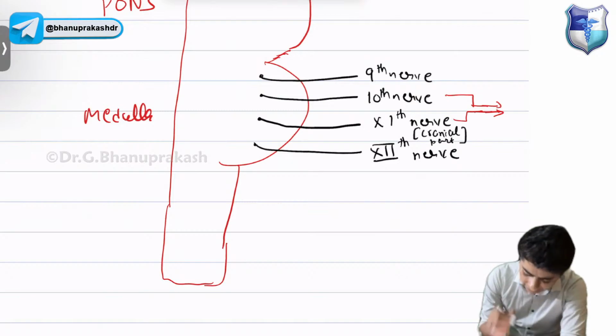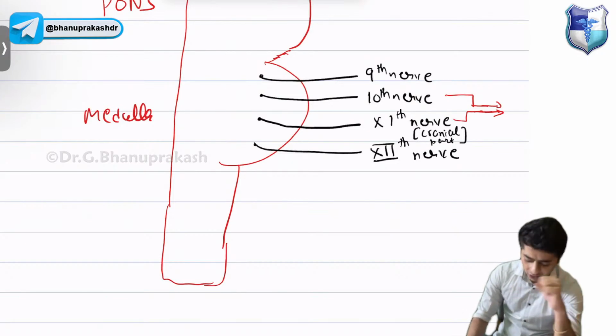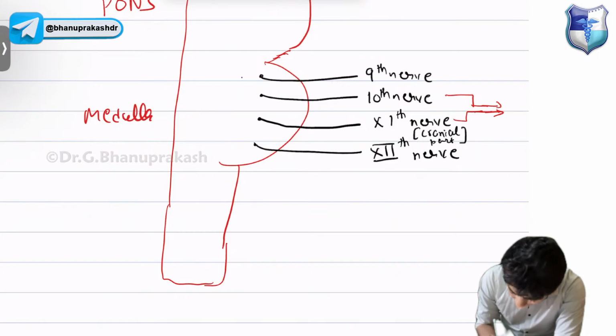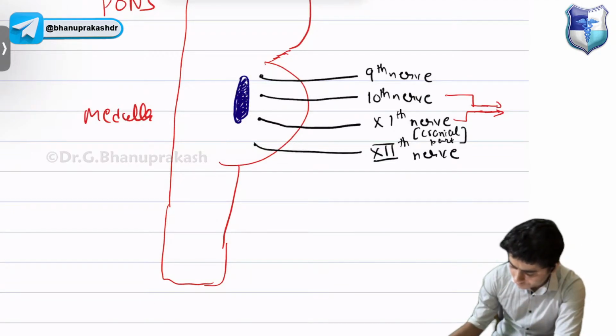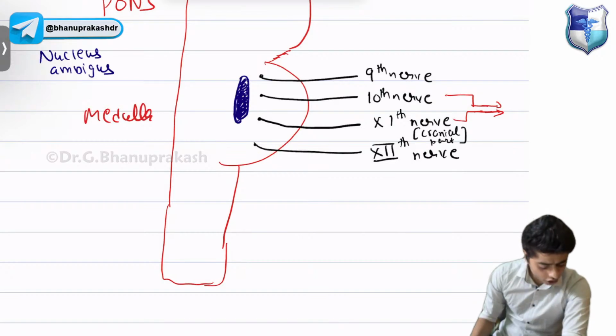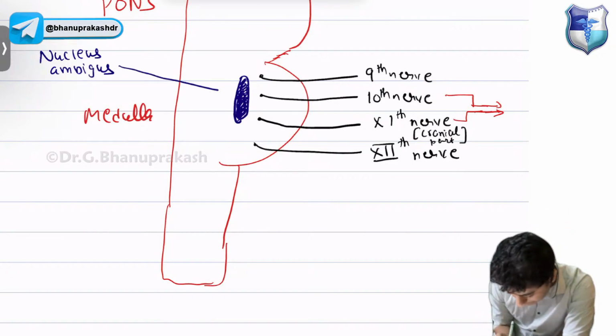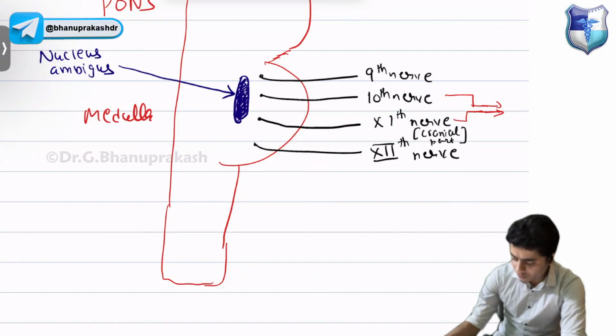Then in your medulla, there is a special nucleus. This is known as your nucleus ambiguus.